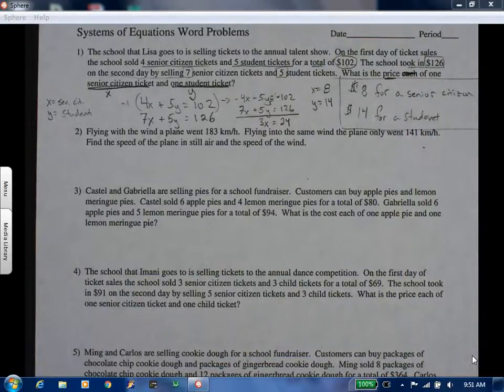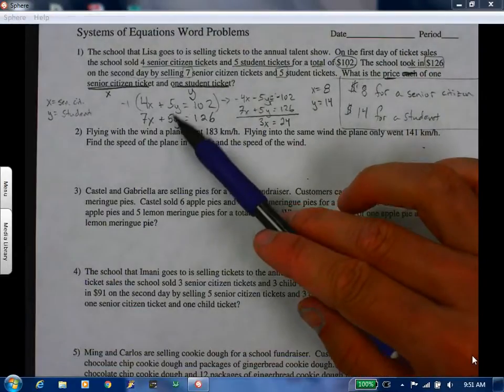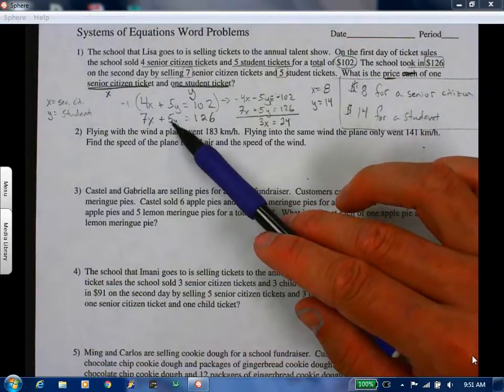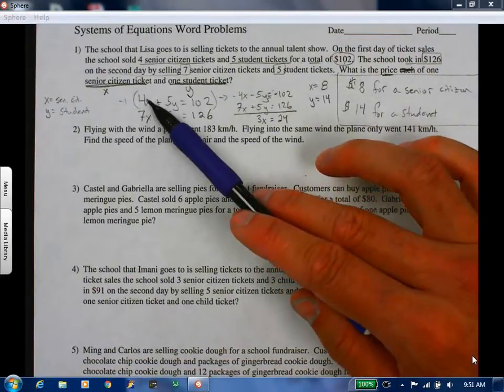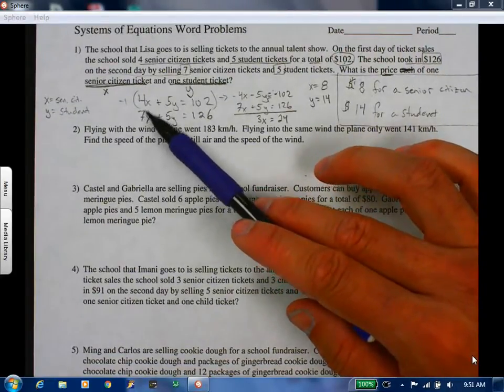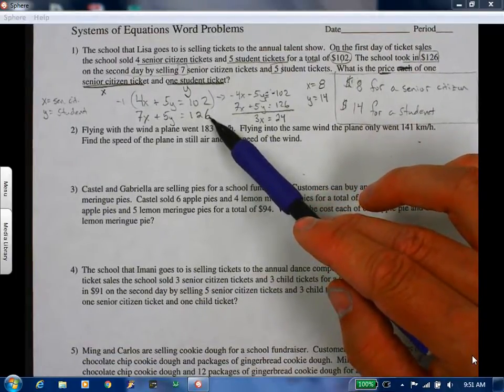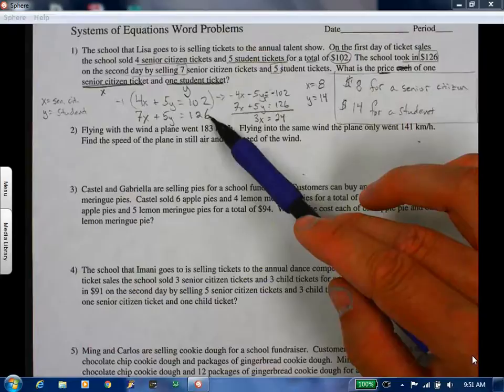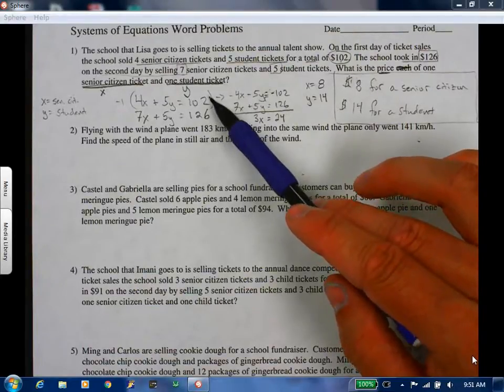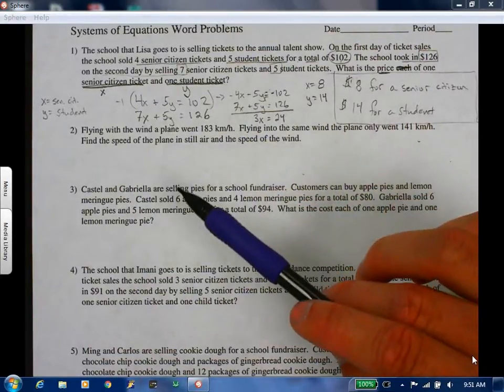Before we move on, I want to look at this problem and try to understand what's going on here. When you have the same number of student tickets, how much did the price go up when the senior citizen tickets increased by 3? $24.